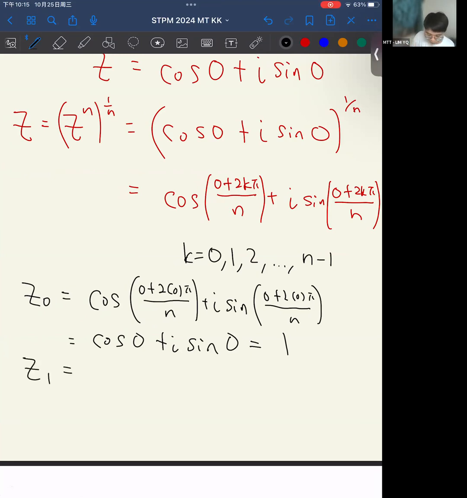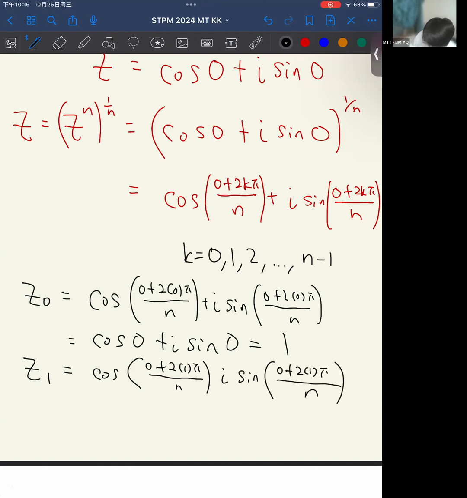Okay, Z1. What is the value? 0 plus, you substitute k equal to 1. So 2 multiplied by 1 pi over n, i sine of 0 plus 2 times 1 pi over n.